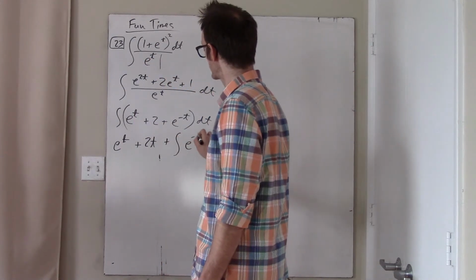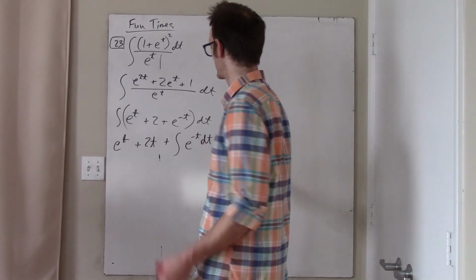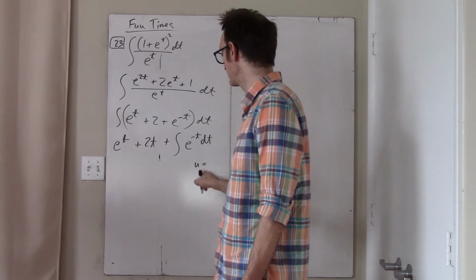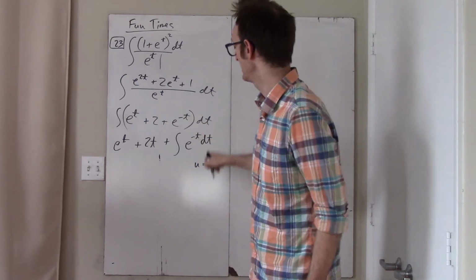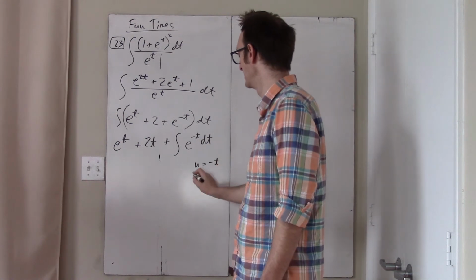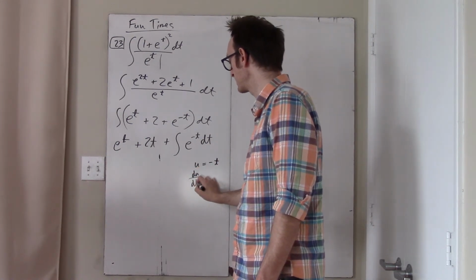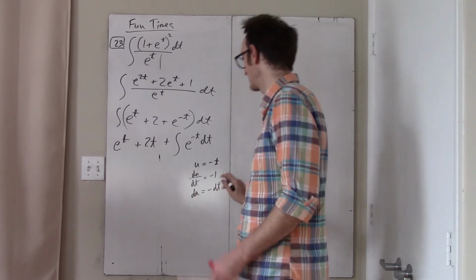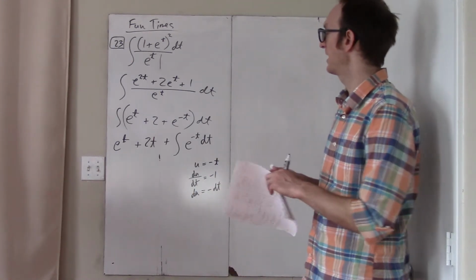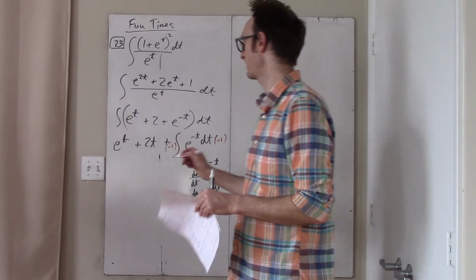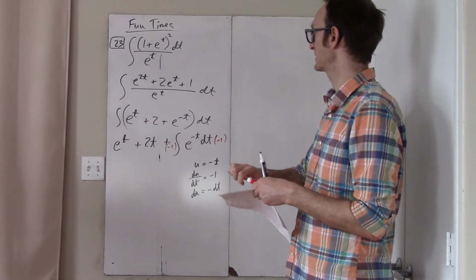Almost everyone would do this in their head, but if you're a beginner, you should do the explicit substitution where you let u be negative t. Then du dt is negative 1, so du is negative dt. In other words, there's a negative in here, so we have to put a negative 1 on the outside.